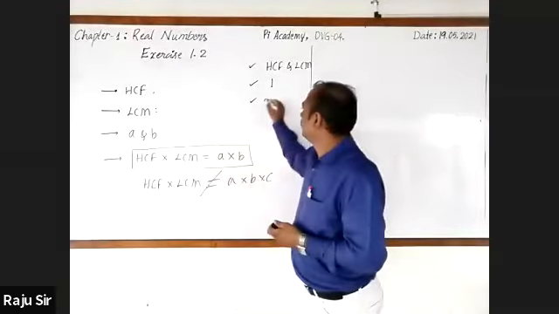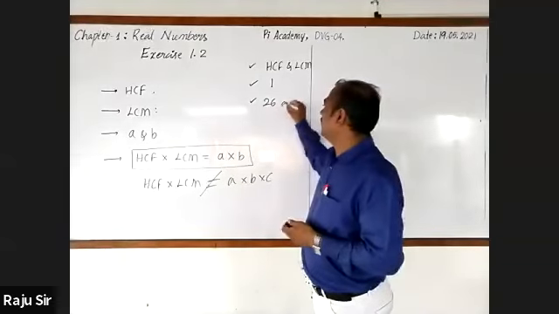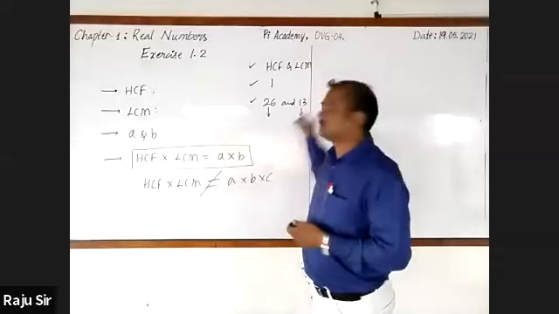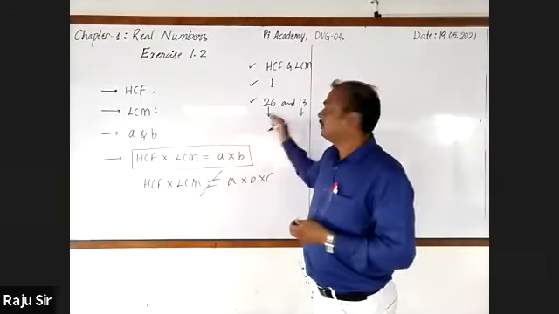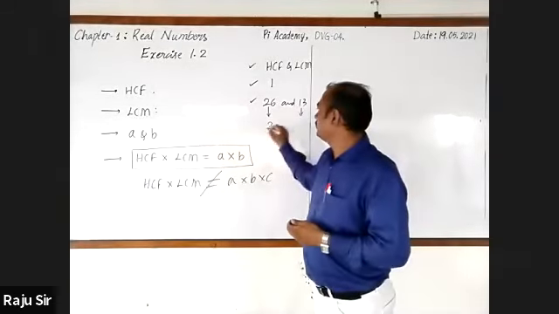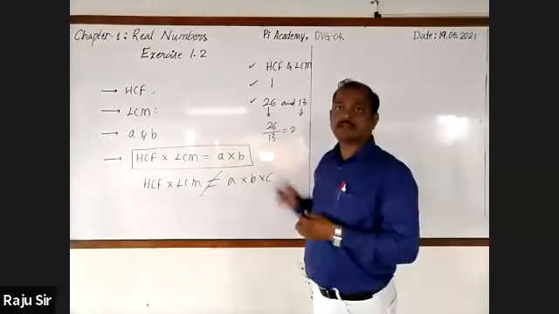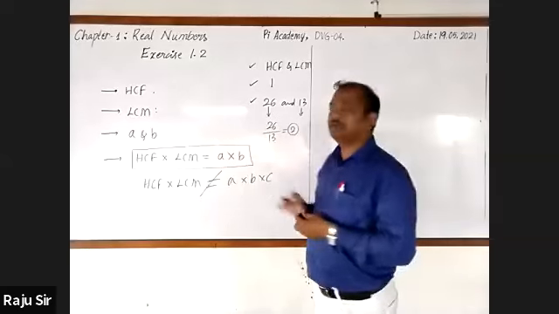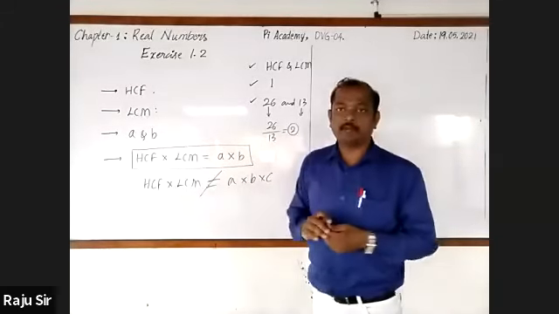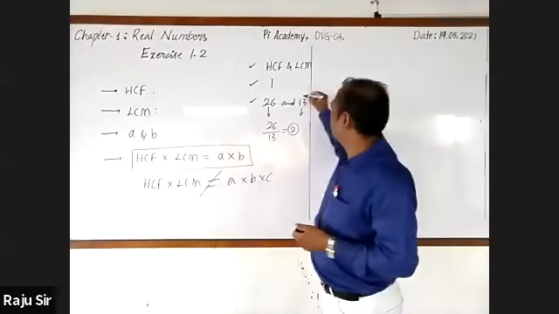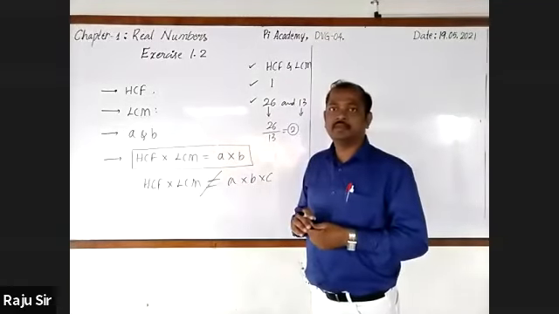Like if I take 26 and 13 as LCM and HCF, to verify that, you can divide 26 by 13. It divides completely and you will get the quotient 2, which is a whole number. Hence, you can accept 26 as LCM and 13 as HCF.